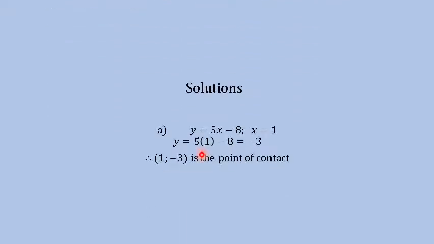Here we go. Now we have the point which is given, which is x equals 1. Now we take this x equals 1 and substitute it into the equation of the tangent and solve for y. Therefore, we are going to have y equals 5 into 1 minus 8, and this equals negative 3. Therefore, the point is 1 and negative 3.